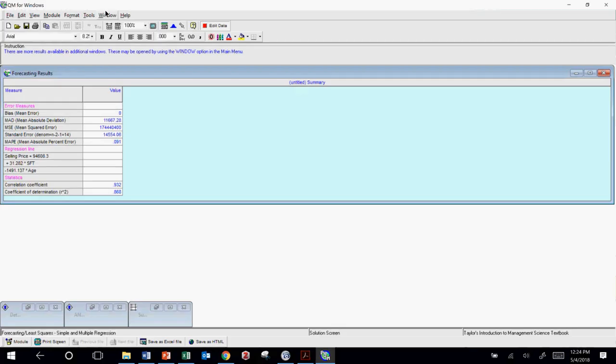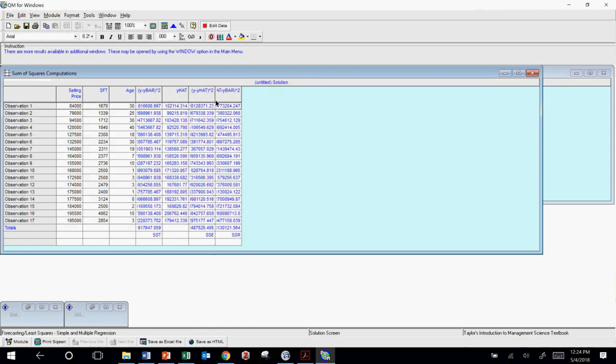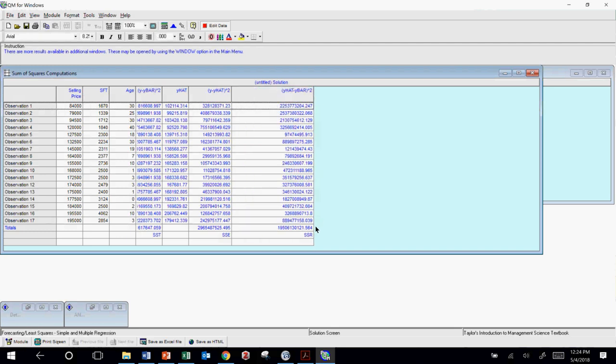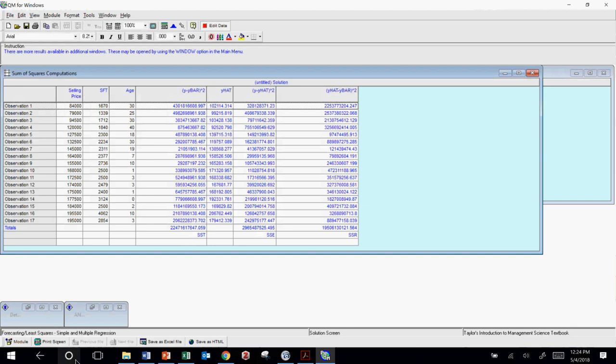And again, we can go to our window and look at our sum of squares and look at that portion of the data that is explained by the regression, that portion that is not explained by the regression, or that portion which is error, and then our total data set, or total sum of squares. So there are a couple of different questions that the problem is looking at.